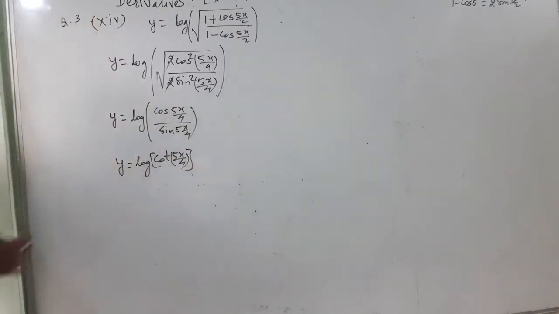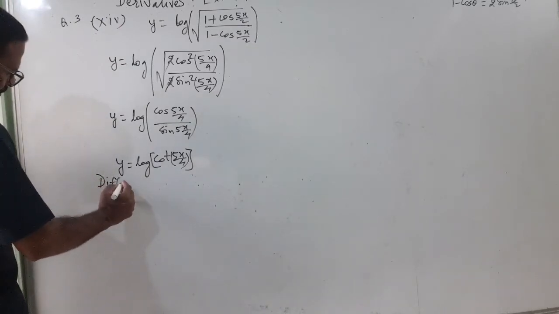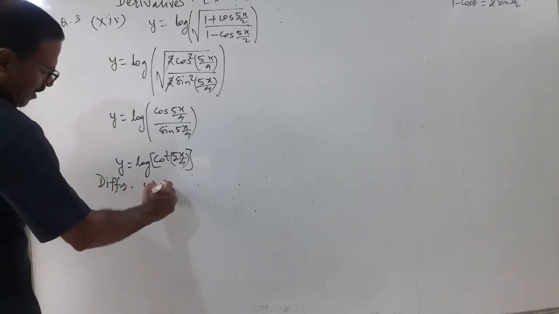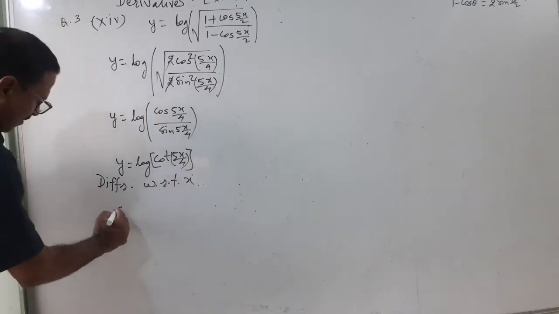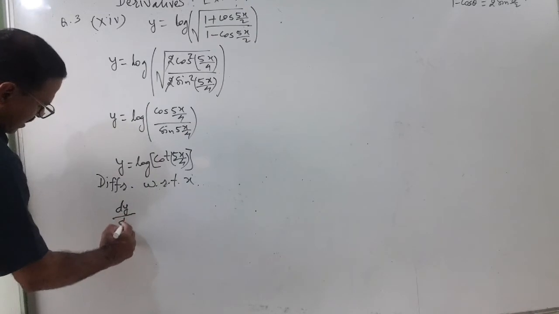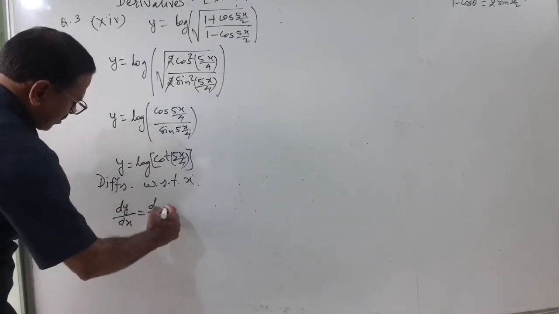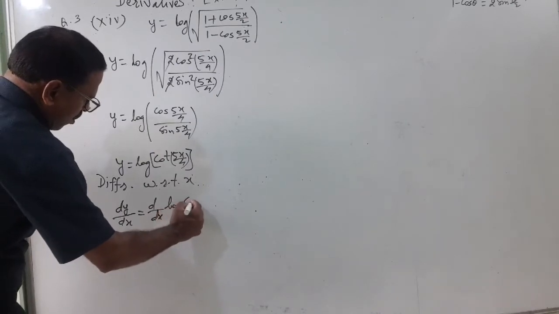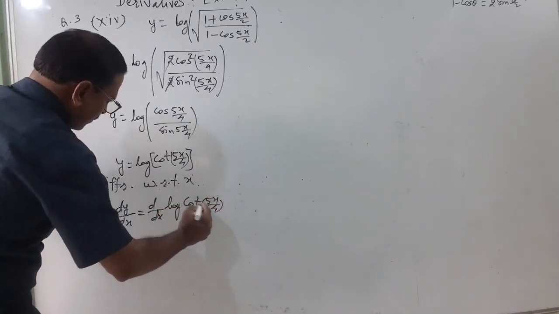Now this is a simple thing. So differentiating with respect to x, what we will get, dy by dx is equal to d by dx of log of cot of 5x by 4.